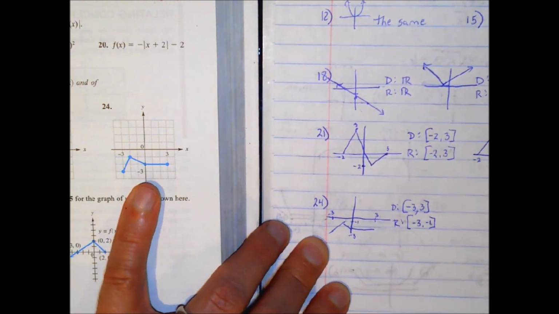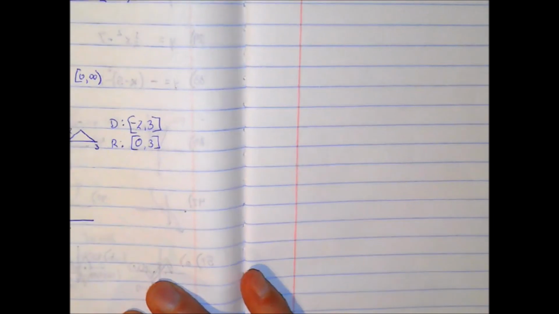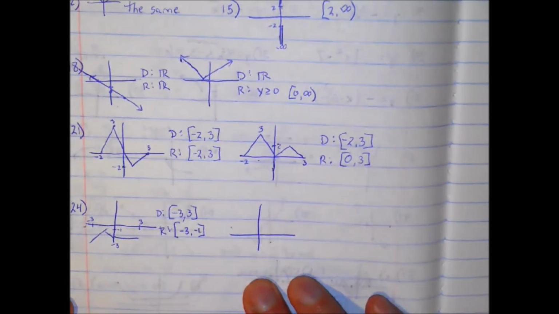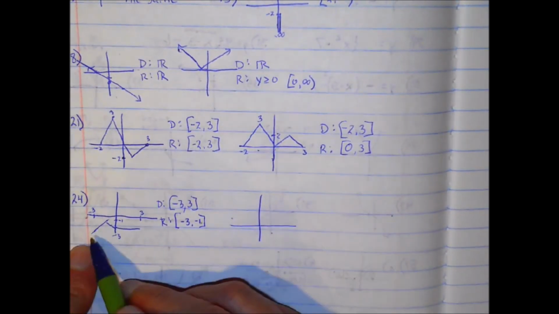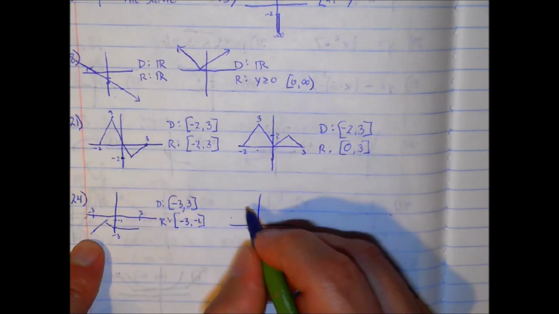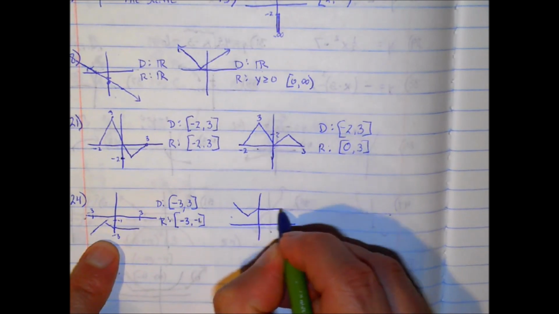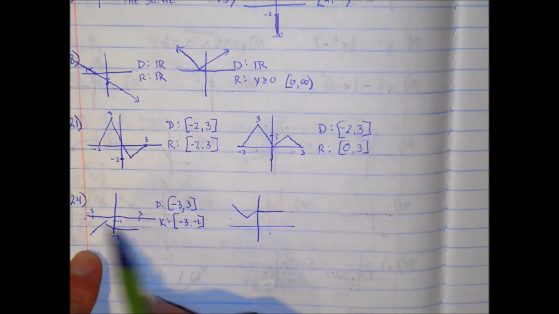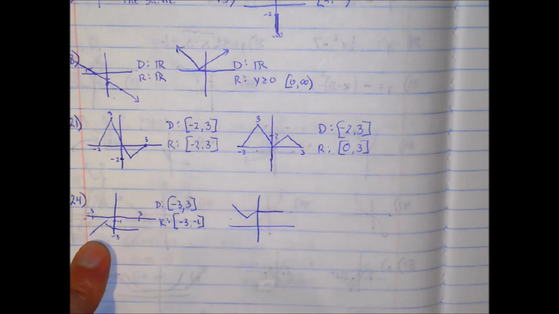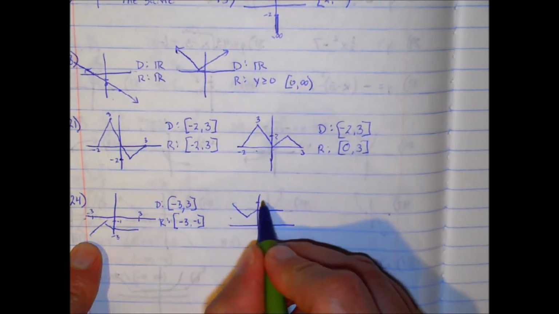Okay, now the other part of it. Anything that's negative, so if this is at negative 3, the output of it would be a positive 3. So basically it looks like this, because anything negative is flipped up to be positive, okay? So this is down here at negative 3, so the top here is going to be up at positive 3.